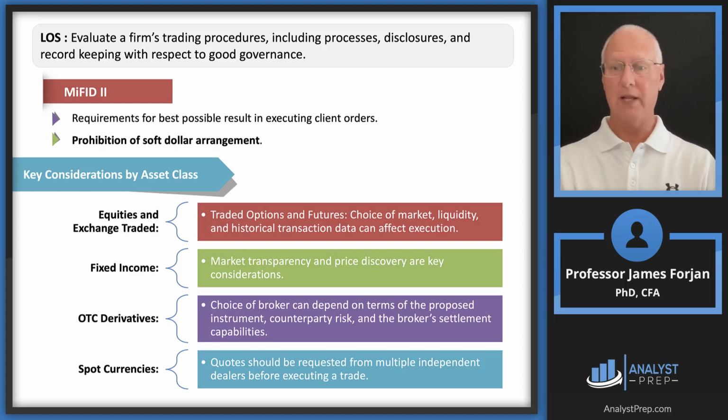What are the terms? Right there, look in the purple box, the terms of the proposed instrument. And what I tell my students when we get to this conversation in class is, in order to make this optimal choice of a broker, it's best to compare the terms that you can get in the over-the-counter market with the standardized terms on an exchange.